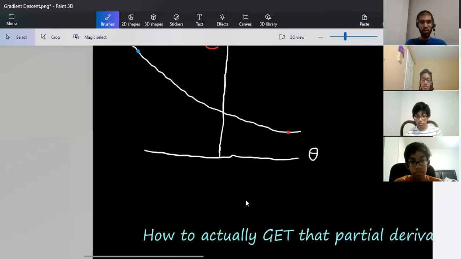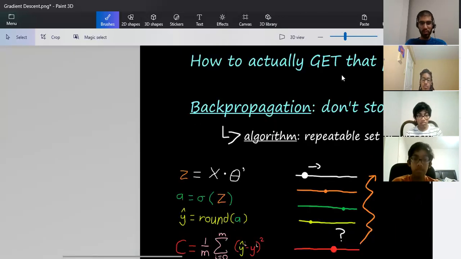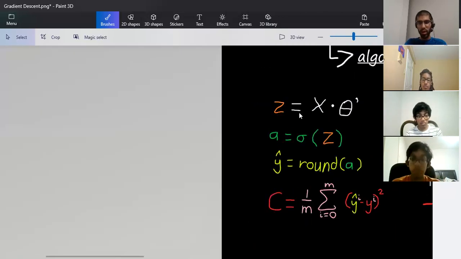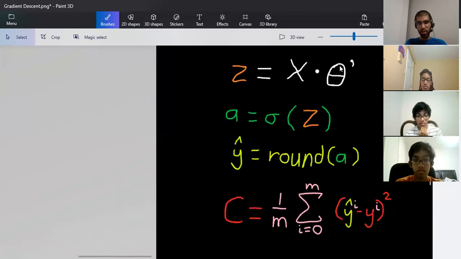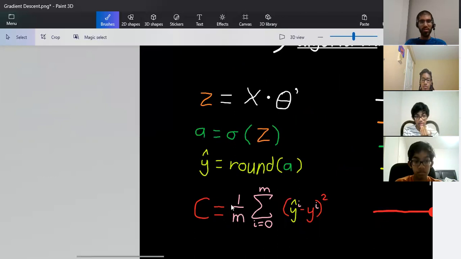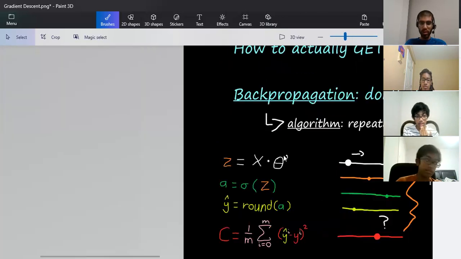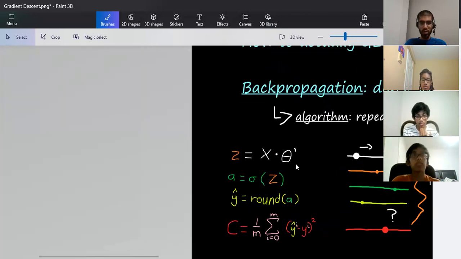Because the cost, remember what I explained at the beginning: x is locked, y hat is based on just theta, and y hat is the only thing that changes in this function. m is locked, the label y is locked, x is locked. So the only thing that can change is theta, and that, as a result, changes the cost. So hopefully that makes sense.